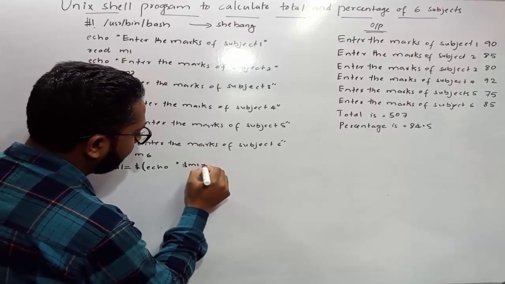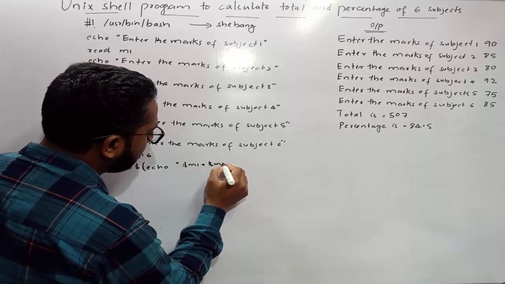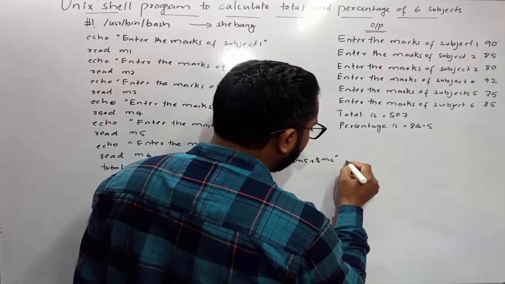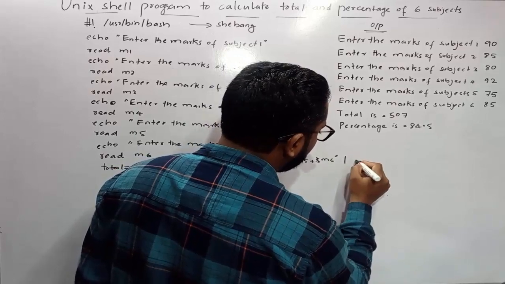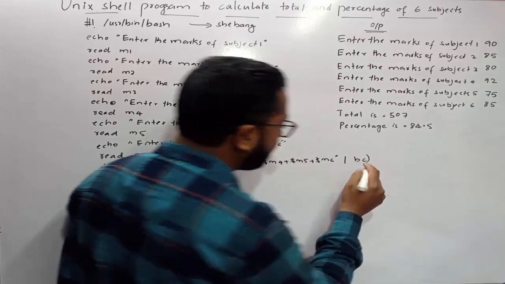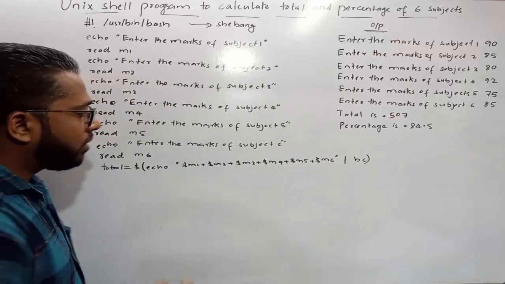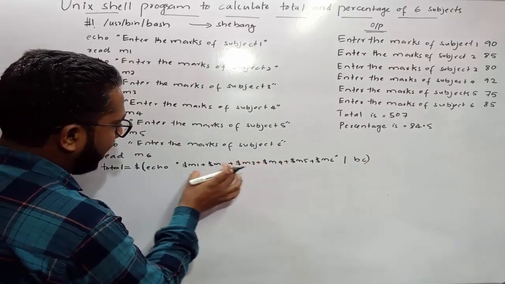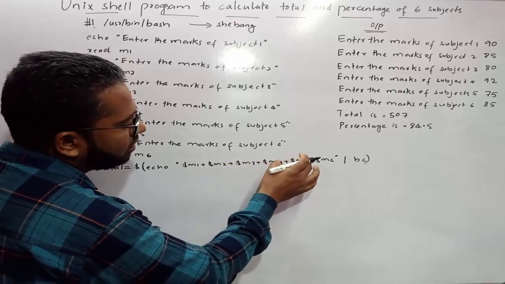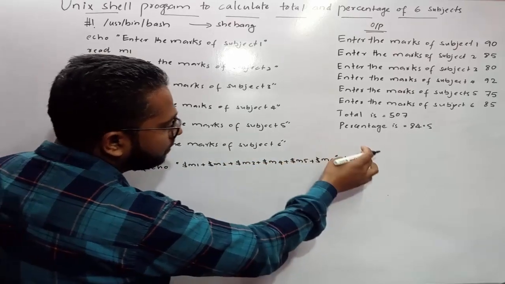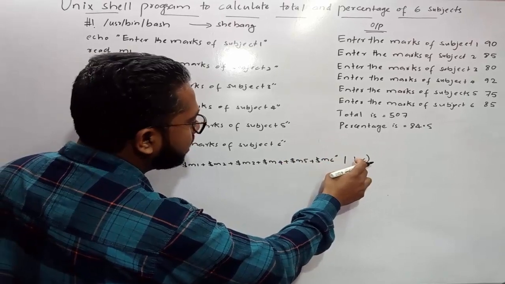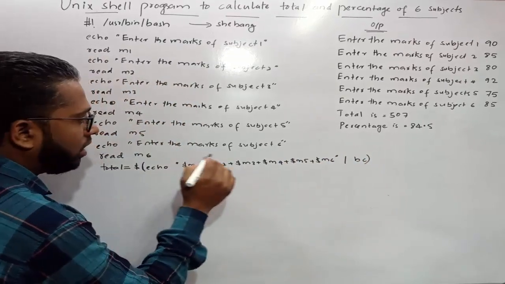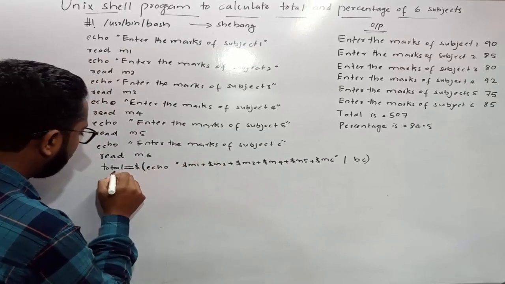Dollar M1 plus dollar M2, double quote close, and we need to put some space, and then this pipe symbol, then bc. bc stands for basic calculator. So whatever result comes after executing this entire expression, that output gets transferred as an input to this bc command. Then the bc command will calculate and transfer that final output to total.